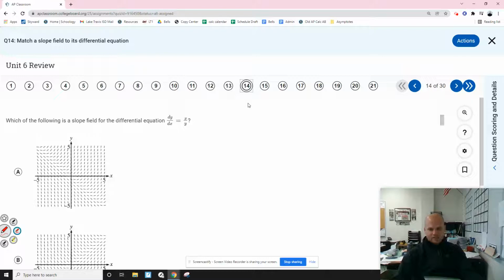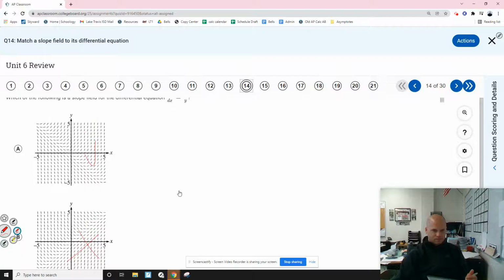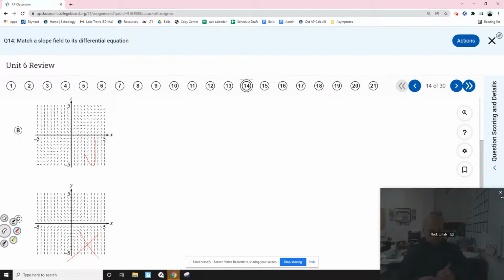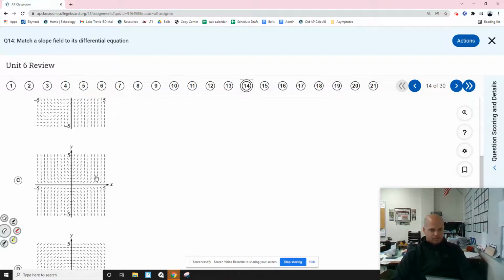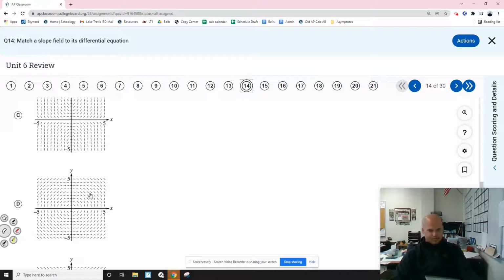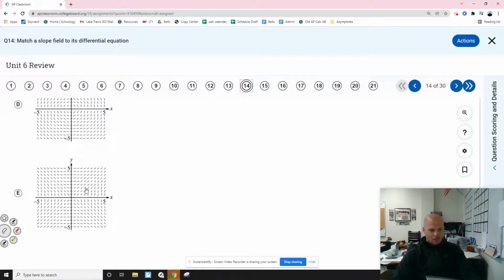X over y. First quadrant, slope should be positive. Okay, that looks good. That looks bad. So A's possible, B's not, C's possible, D's not, E looks possible.